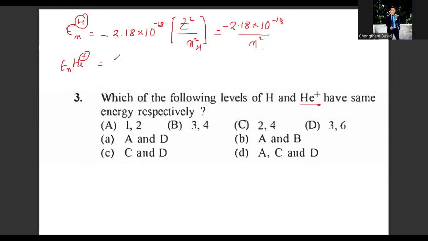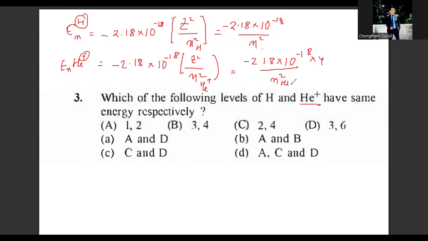For this ion, we can find the energy using the relation given by Bohr, Z square by n square, where n is the orbit number. By substitution you get 2.18 into 10 to the power minus 18 into 4, because the atomic number is 2 and 2 square is 4, and now we have n square, the orbit for helium ion.